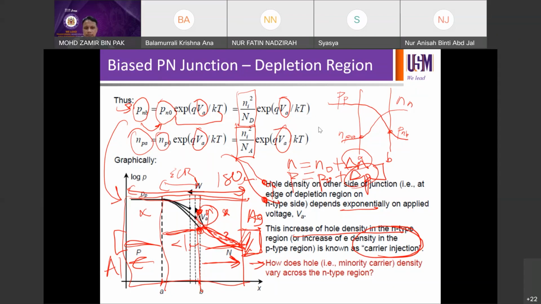Shazanani? Why do you have higher minority carriers under applied bias condition?